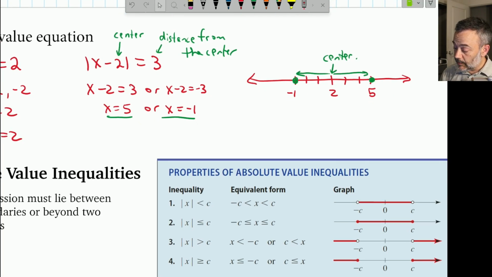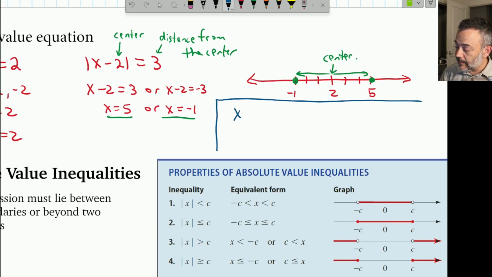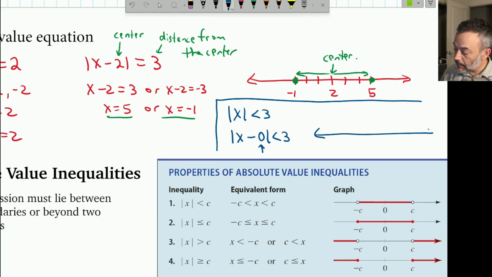Now, just in this little area here, I'm going to put one more example. What if I had the absolute value of x is less than 3? Well, we can think of that as absolute value of x minus 0 is less than 3, and the center is 0. So I'll put 0.